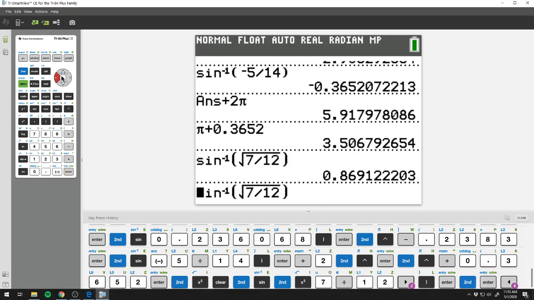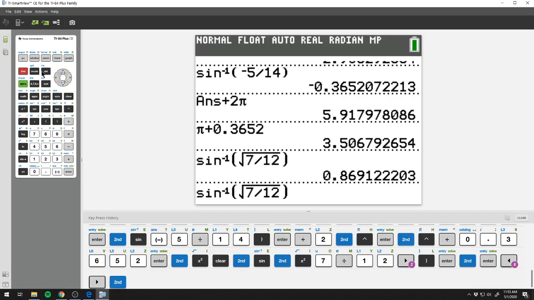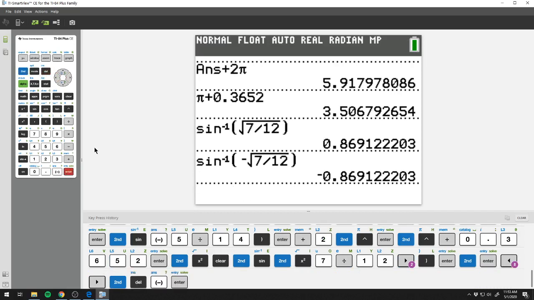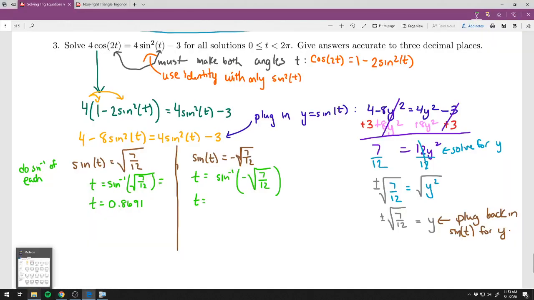And then you go on the front and hit second insert, you can put that negative sign. Probably doesn't even save that much time. But we get negative 0.8691.